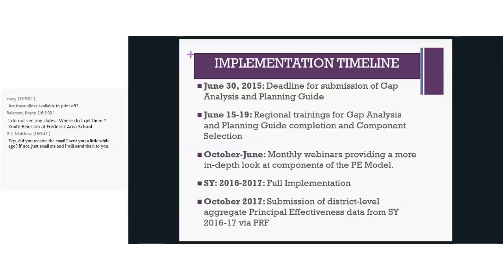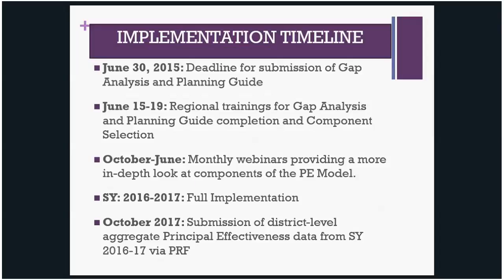Full implementation of principal effectiveness will take place in the school year 16-17, and then in the fall of 2017, for the first time, you'll upload your aggregate results, the summative results of the principal effectiveness evaluation, to the DOE through the PRF process.